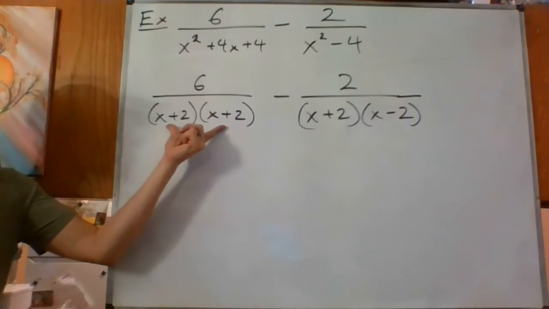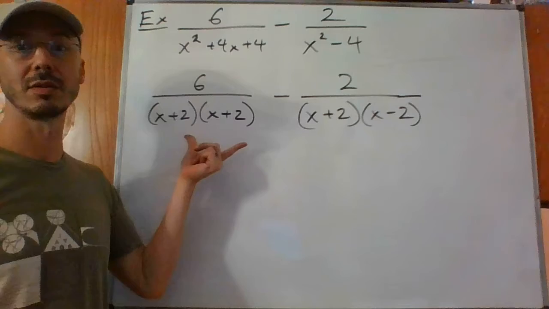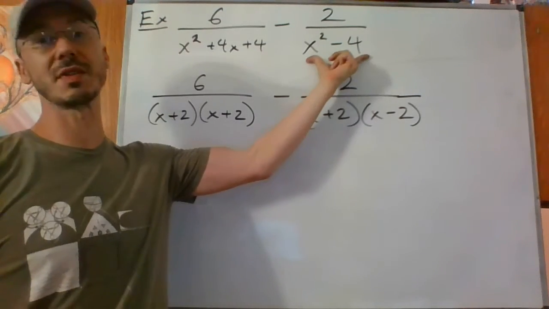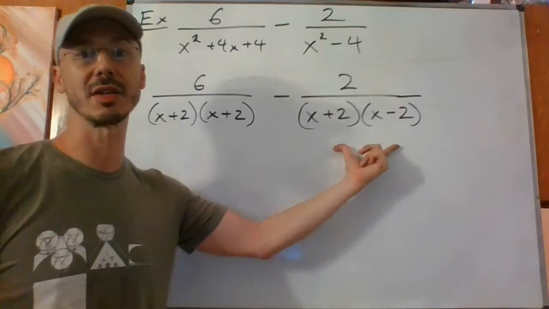This one's a perfect square trinomial, x plus 2 squared. This one is a difference of squares, which factors like this.